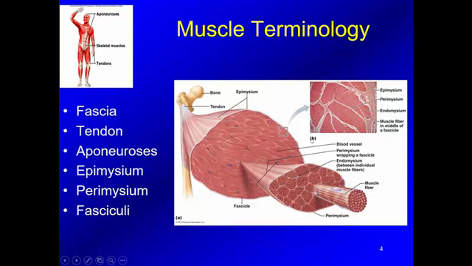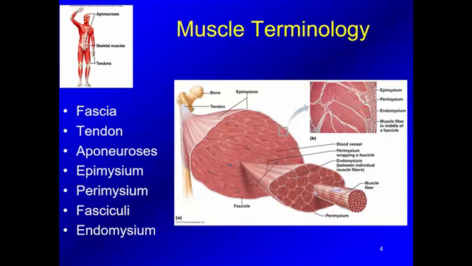Okay, so the whole thing is wrapped by the epimysium, and then the bundles or fascicles are wrapped by the perimysium, and then each bundle is made up of muscle fibers, and each muscle fiber is surrounded by the endomysium. So endomysium around a fiber, perimysium around a fasciculus, and epimysium around the whole muscle underneath the fascia, which attaches to the tendon, to the periosteum, to the bone.